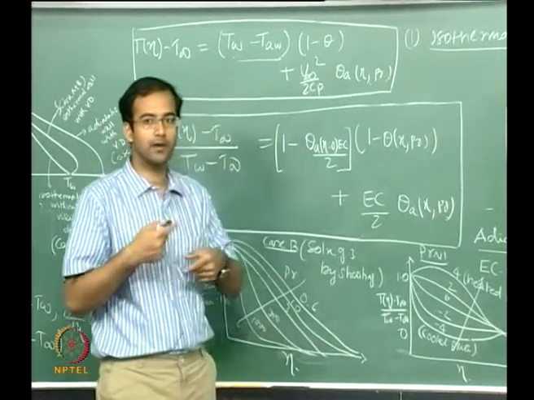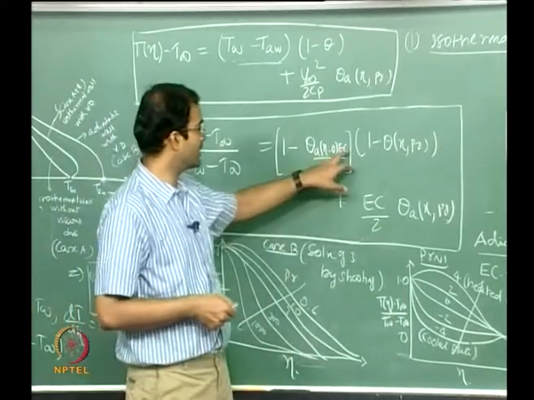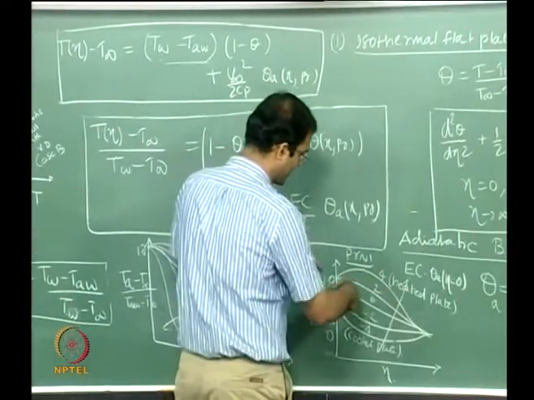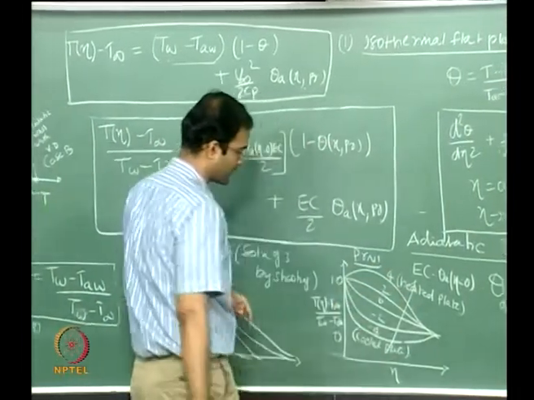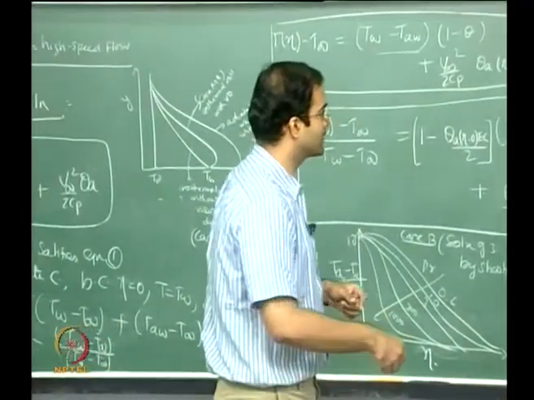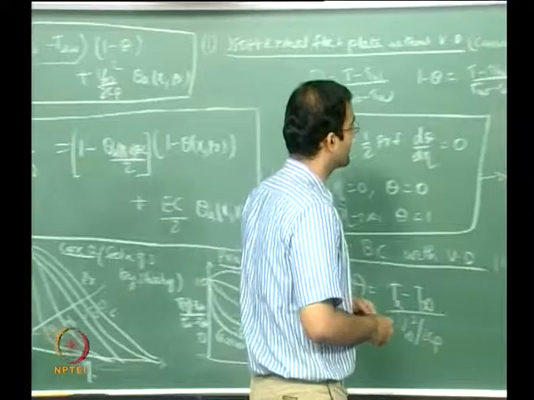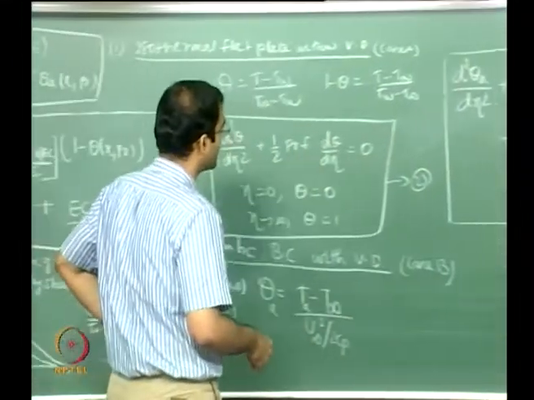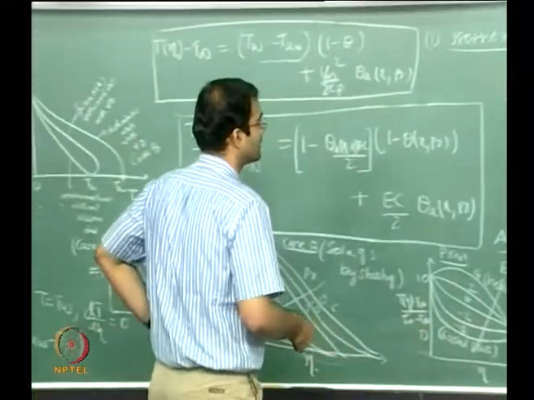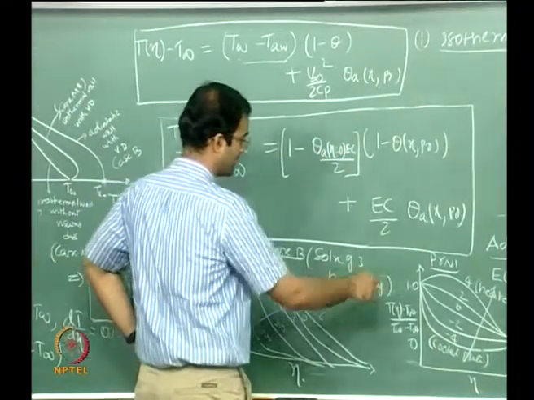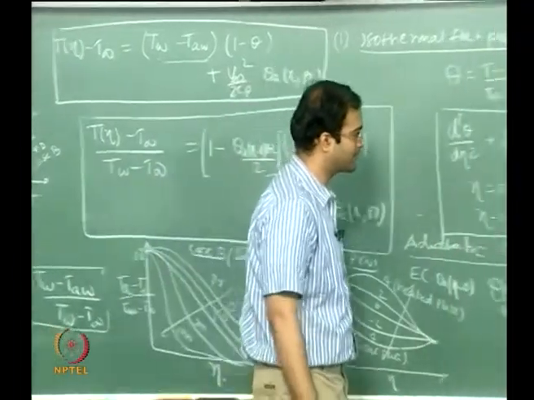Now there could be different values of Eckert number into theta A. So for a heated plate you have profiles which are like this, for the cool plate you have profiles which are like this. All this can be verified once you solve this equation by shooting technique. So for a particular value of Eckert number you can combine these two solutions and you can get this kind of a temperature profile.